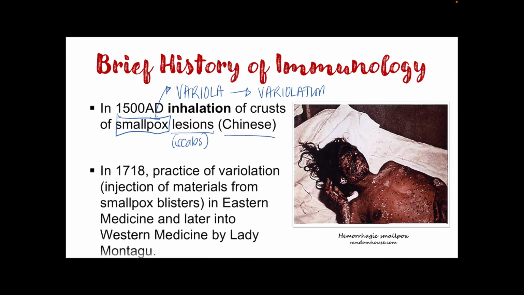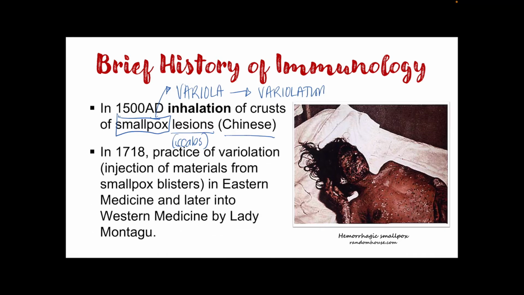In 1718, the practice of variolation was introduced to Eastern and Western medicine by Lady Montagu. Lady Montagu came from a wealthy and entitled family, and she was a daughter of a duke. Smallpox killed her favorite brother. Two years later, it also afflicted her. Lady Montagu was a very brilliant and attractive woman, but this disease left her with deep and pitted scars.